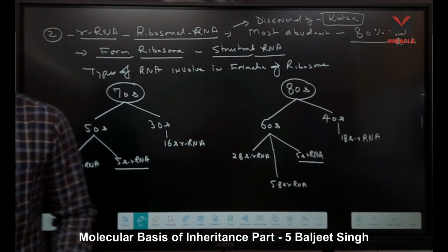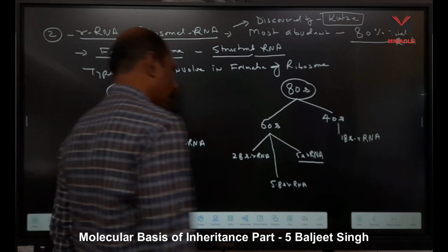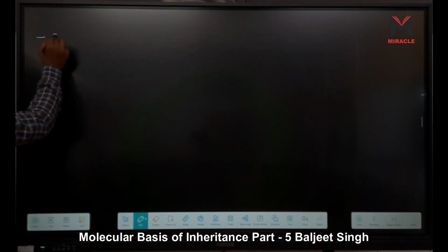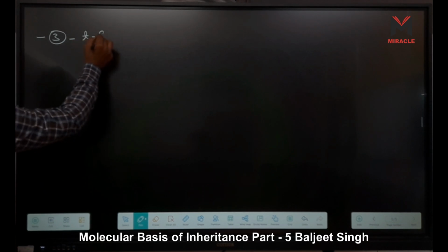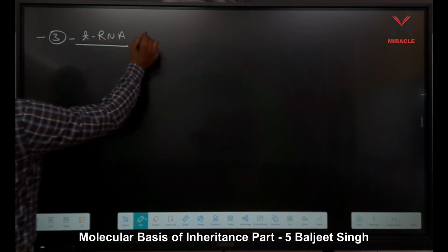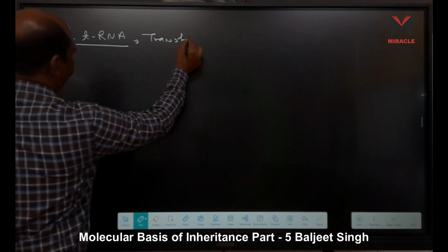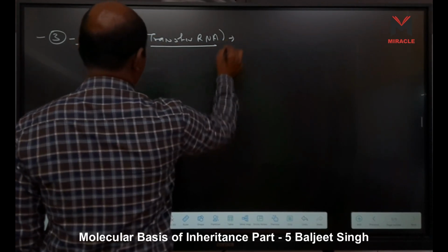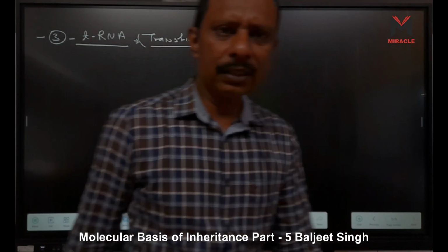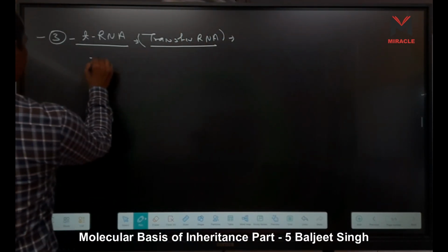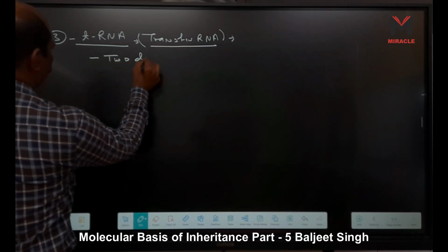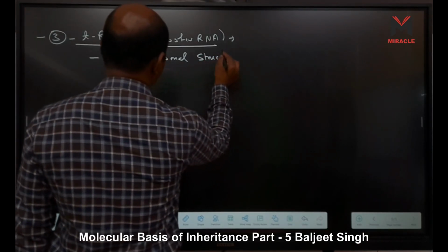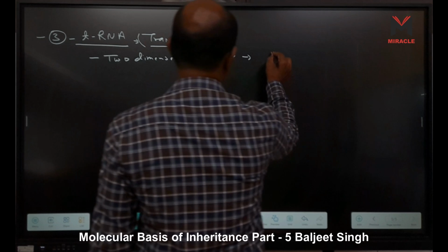Now, the third one is our transfer RNA, which is also very important. Transfer RNA, two-dimensional. If we see the two-dimensional structure, then it is the cloverleaf model.